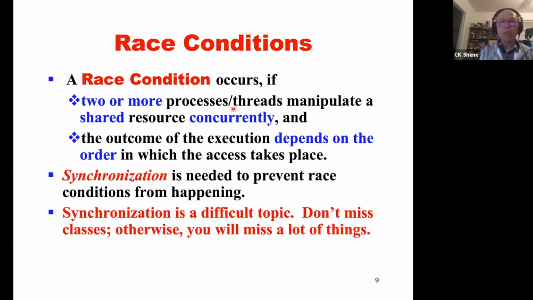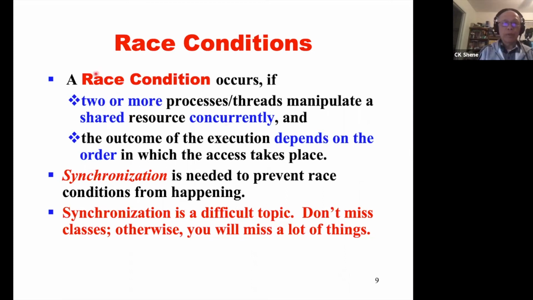Now, the second one is that they manipulate a shared resource. That is, this resource is being shared by these processes or threads. They share this resource in a concurrent way. That is, these processes or threads use or modify the shared resource in a machine instruction interleaving way.